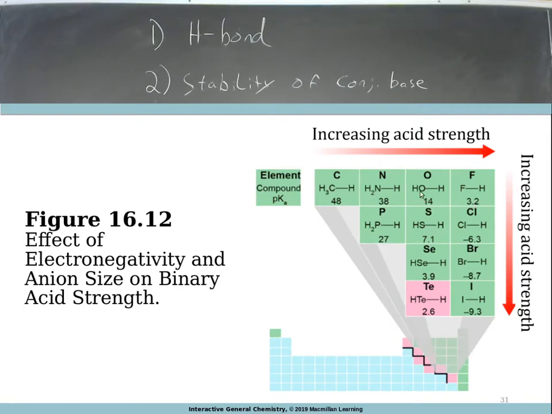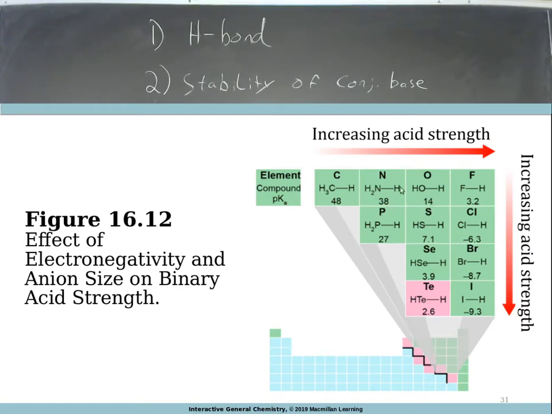Water is kind of a funny thought, but water is kind of like a similar molecule to hydrofluoric acid. It's just the nonmetal oxygen with some hydrogens attached. And its pKa is 14. Remember, that's like the value of Kw when water is acting as an acid. So water is a much weaker acid than hydrofluoric acid.